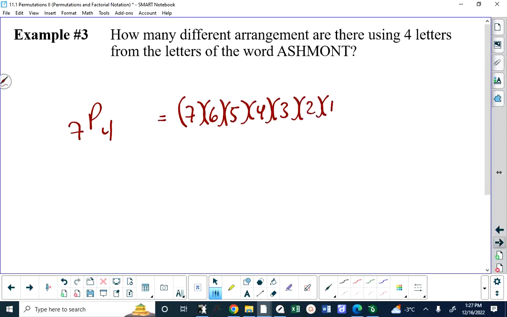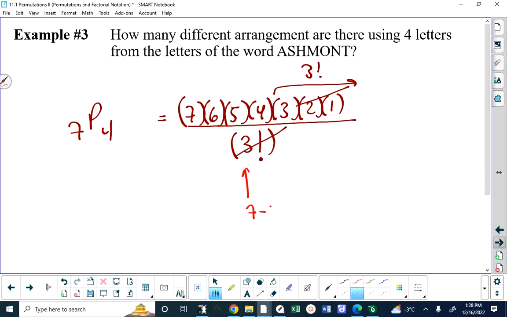I'm just going to expand this out just to make sure it's clear to everybody. This is 3 factorial, and you're left with that. That's using the n factorial over n minus r factorial. The top is 7 factorial. The bottom is 7 minus 4 factorial.